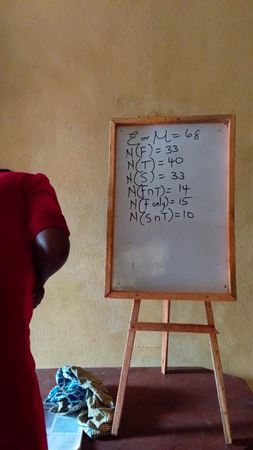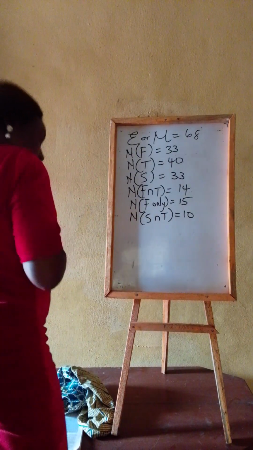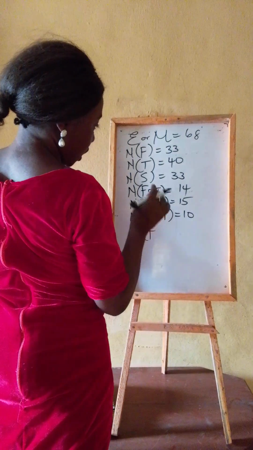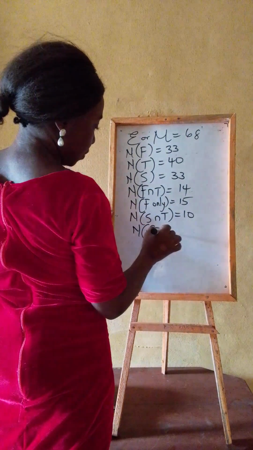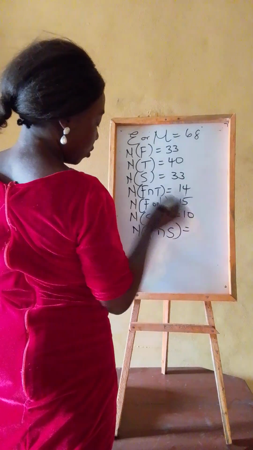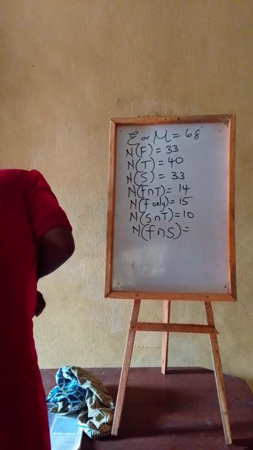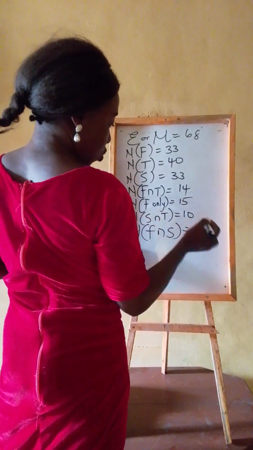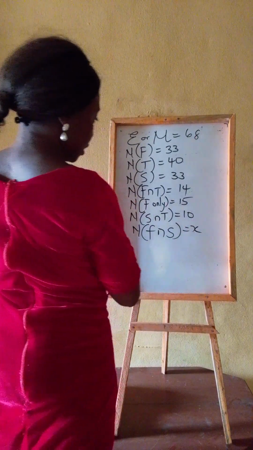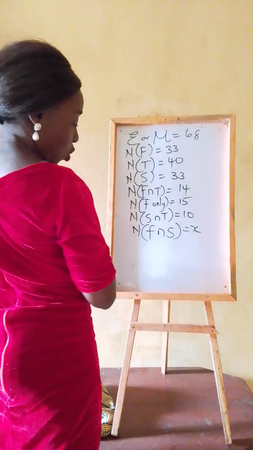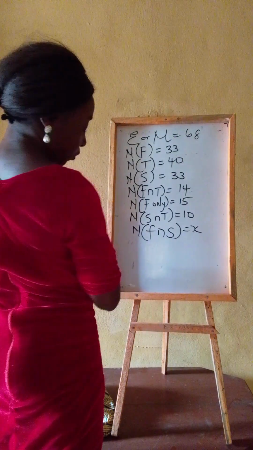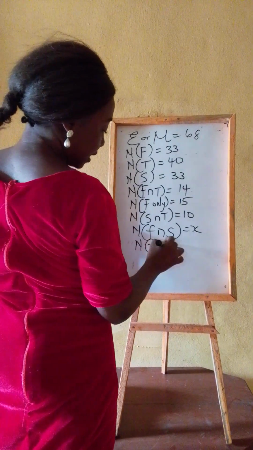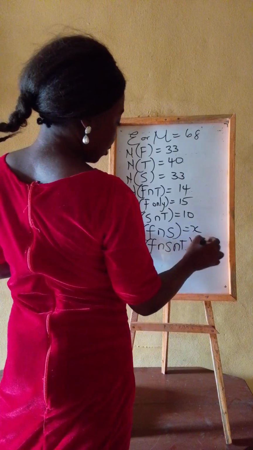Remember, we are not given feed, intersect, swimming. We were not given, so in this case we represent it as x. The same thing, we are not given for the three. Then for the three, F intersect S intersect T, let's represent it as y.